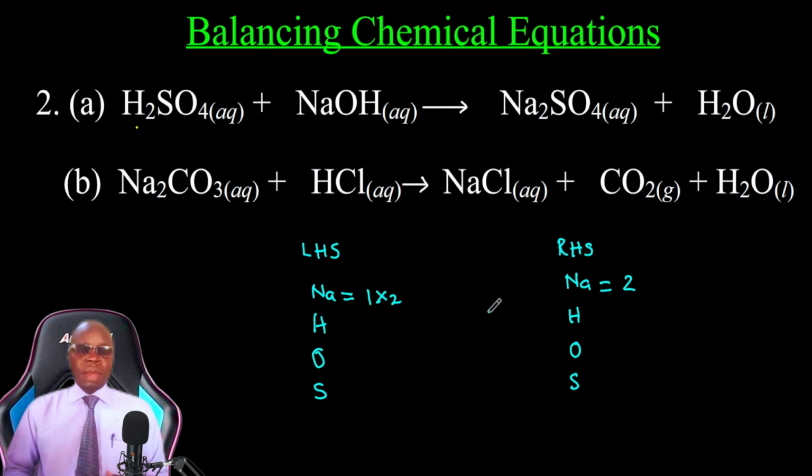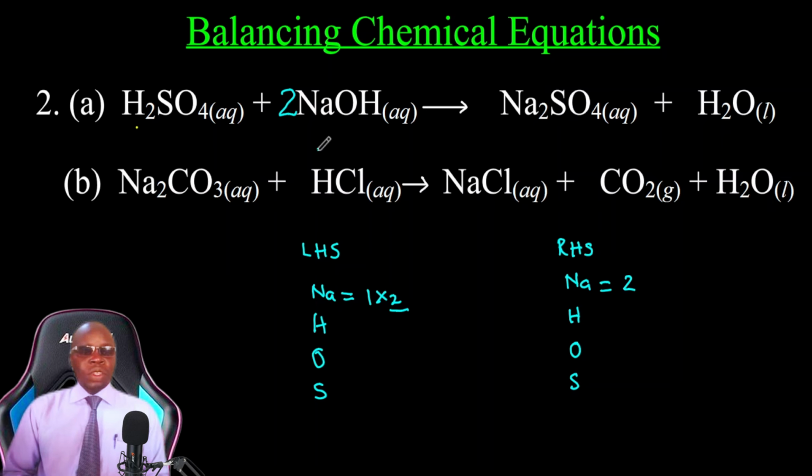So this number we're multiplying with is referred to as molecules. So we can place these two molecules before sodium hydroxide here, such that if we multiply these two with 1, we will get exactly 2 atoms of sodium, which will have balanced the right hand side.